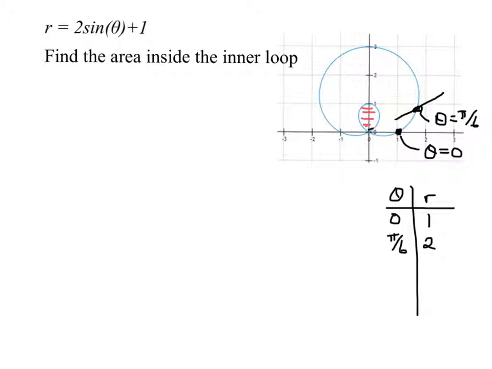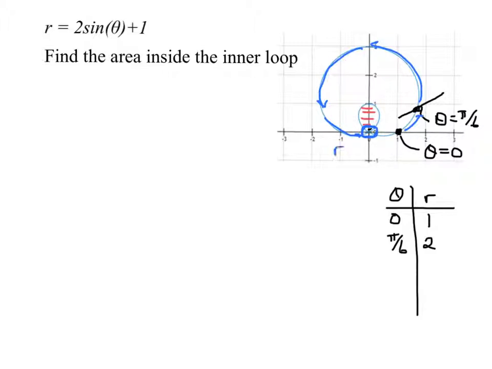So you can get the sense of how this thing is moving. It starts here at 0 and moves up this way, and I bet it just continues moving around this way. And you really want to get down to when it hits this spot right in here, because that's the spot where the inner loop begins and ends.